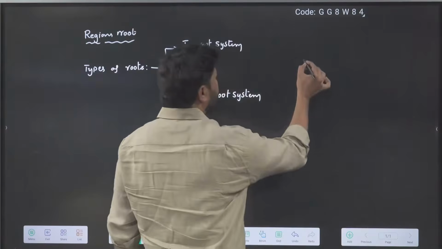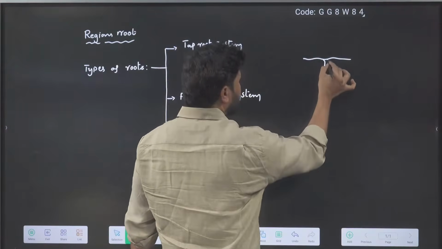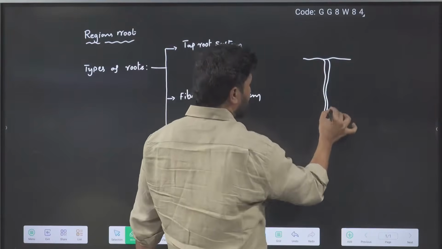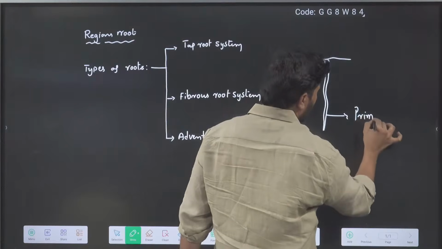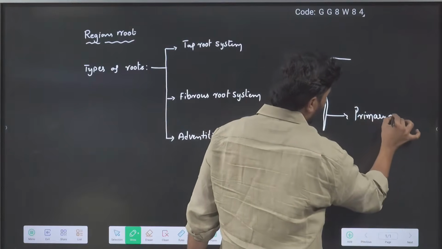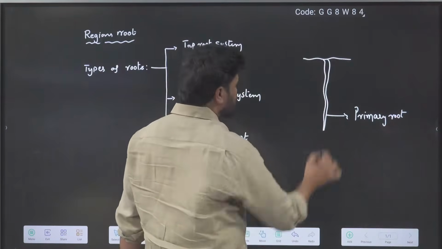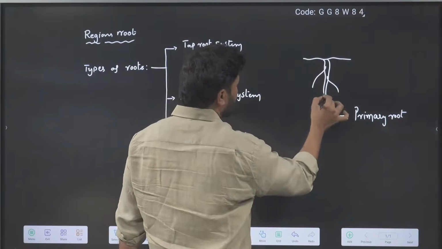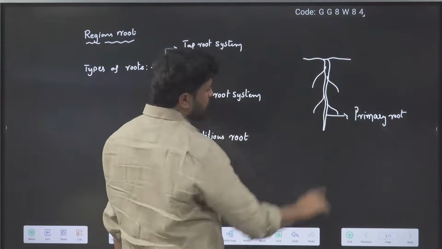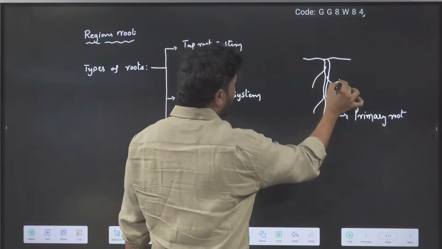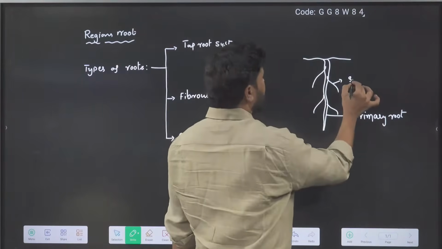In case of taproot system, the radical continuously expands like a primary root. On the top of this primary root, there will be development of lateral roots. For example, this is the primary root, and a root coming directly from the primary root is called a secondary root.